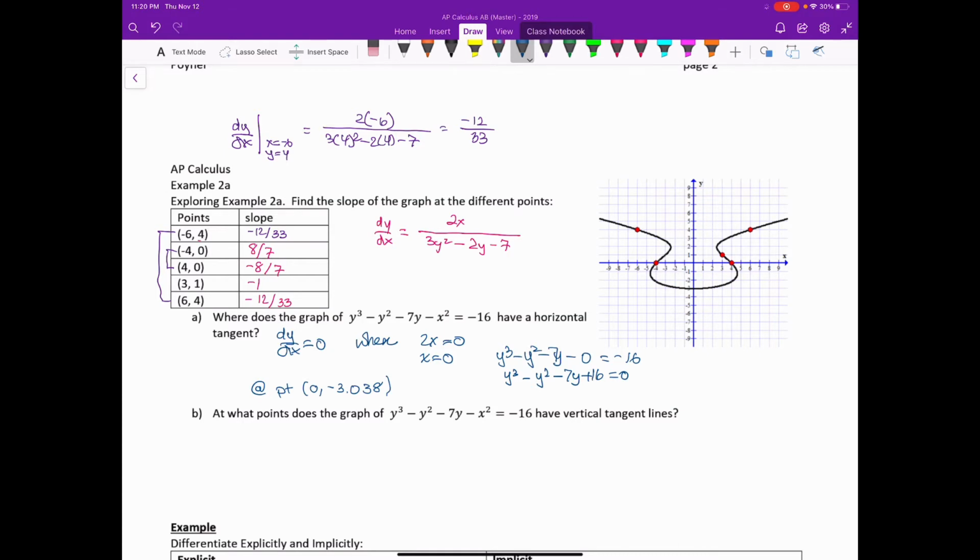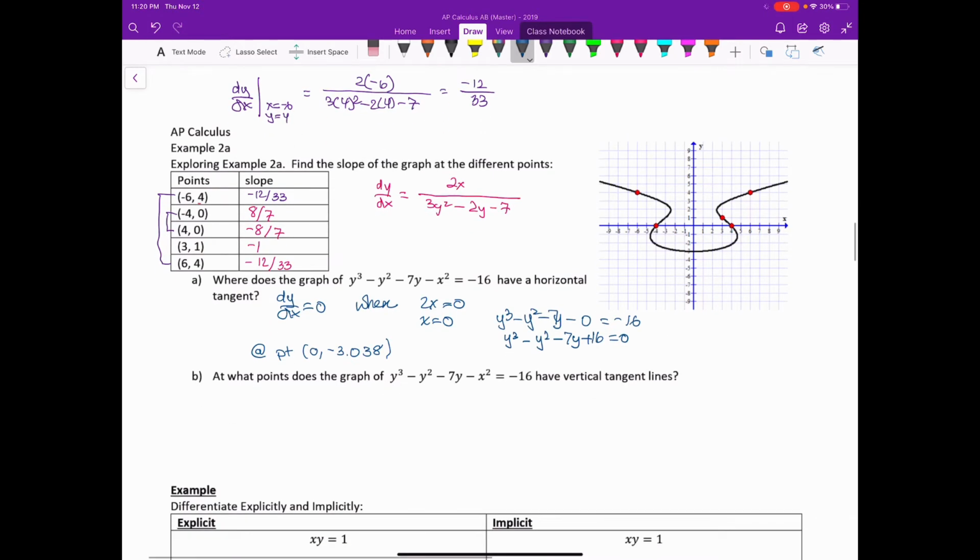All right, at what points does the graph of this relation have vertical tangent lines? Well, that happens where the denominator, so dy/dx is undefined, when 3y squared minus 2y minus 7 is equal to 0.